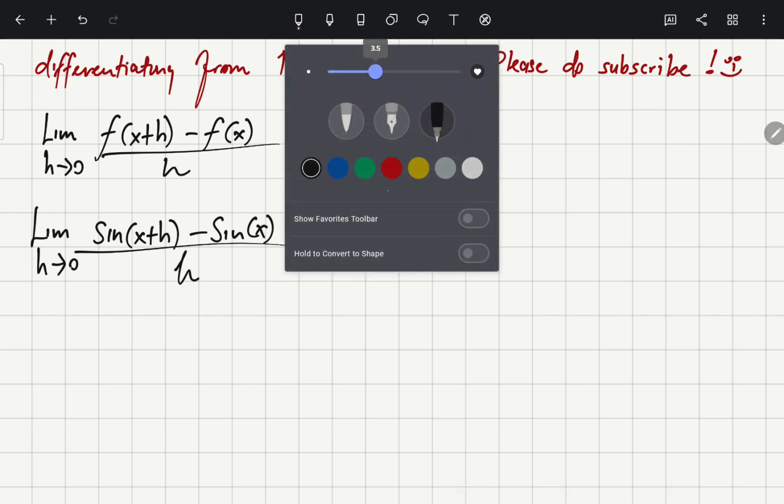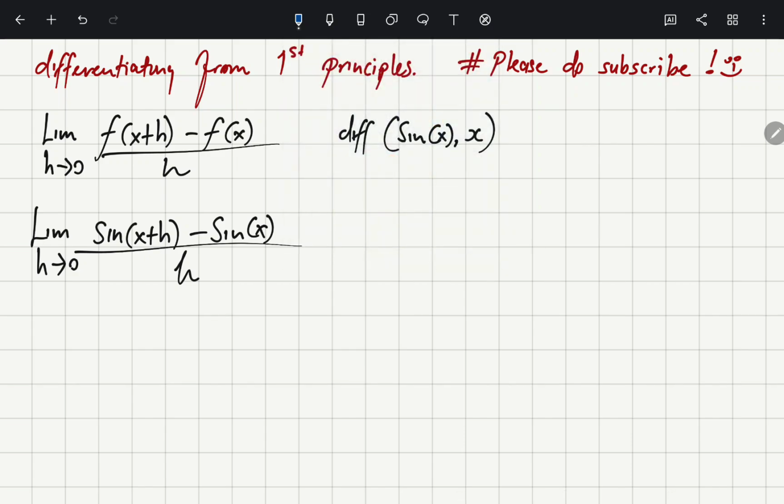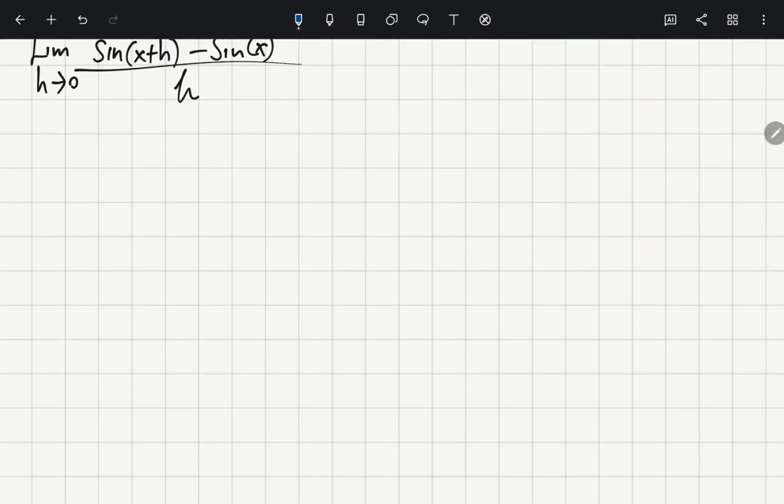So the sum formula is as follows for sine(x plus h): sine(x plus h) is equal to sine x times cos h plus sine h times cos x. So we plug that in.